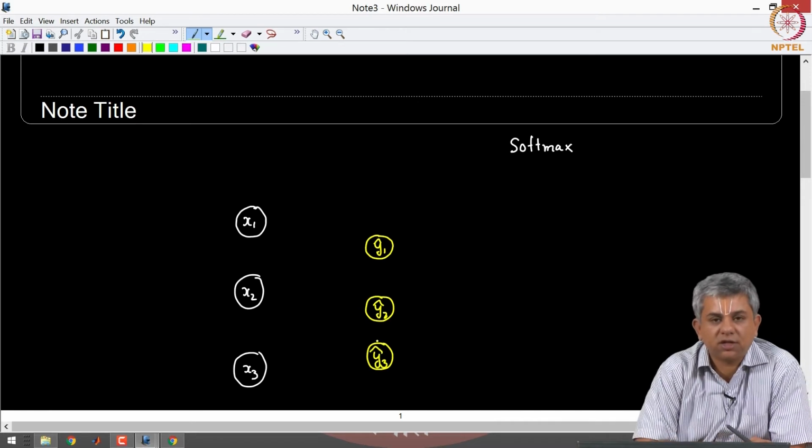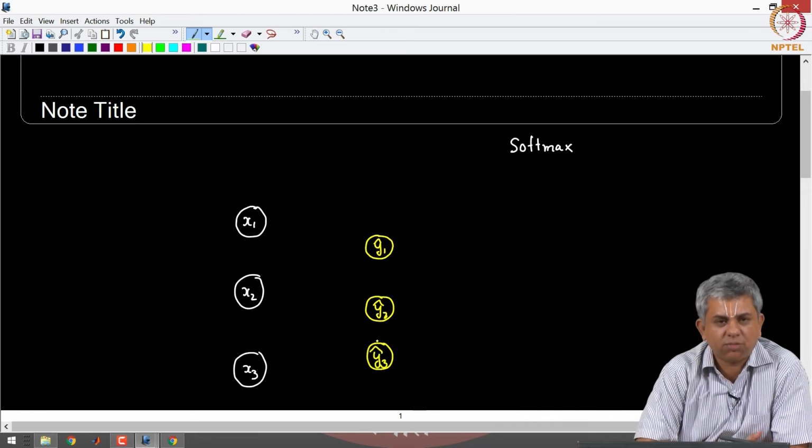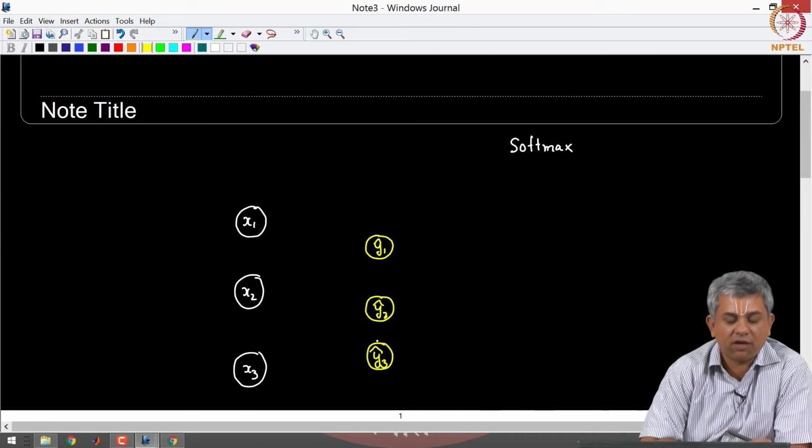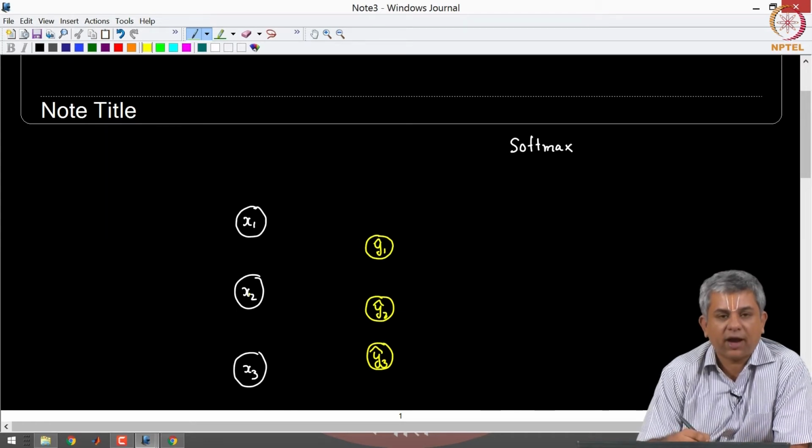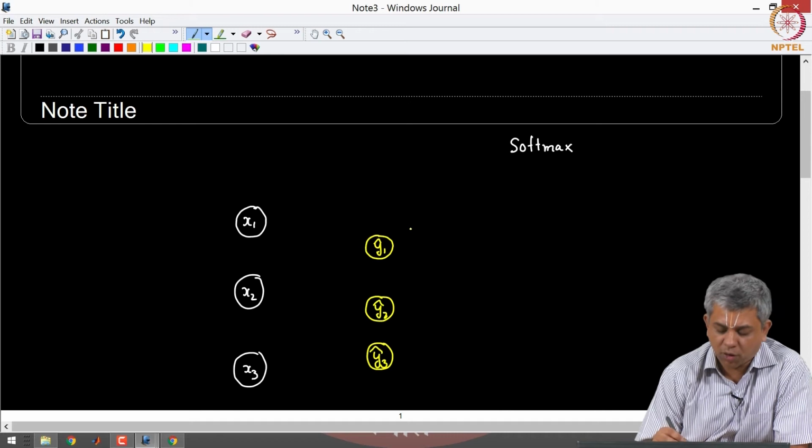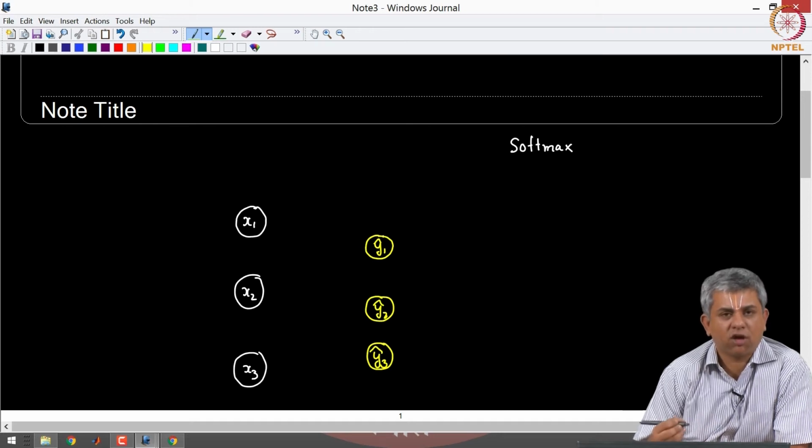So, let us say this is a 3 class classification problem. You can think of multiple examples for this. For example, if I give height, weight and age, suppose you want to find out whether this person has no probability of heart disease or low probability of heart disease, medium probability of heart disease or high probability of heart disease. This is not quite a classification problem, but just as an example I can give you this.